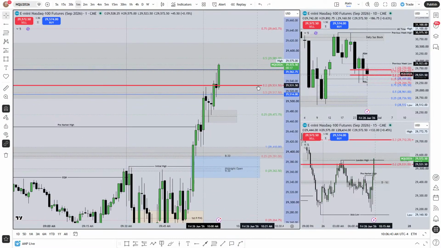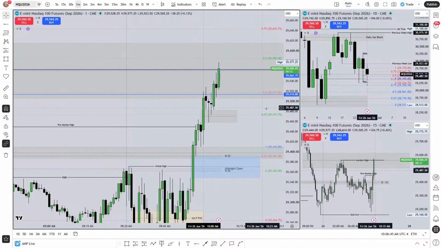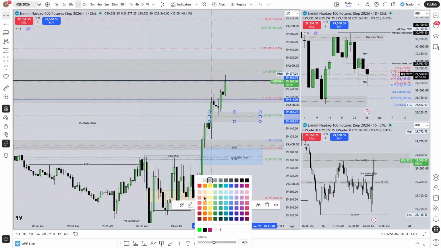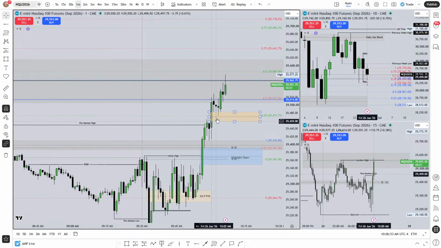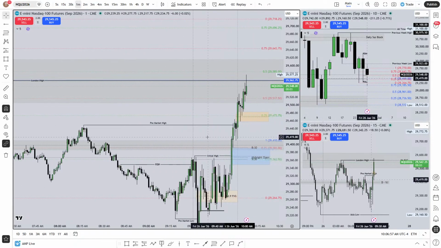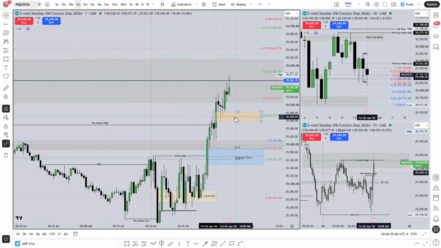So I'm going to get this off the chart here. Now I would want to eventually see this be an inversion fair value gap. First utilization was it took us to take all these equal highs and session highs. Now if we can trade back down below it, I want to see us respect the midpoint of it and then go lower.